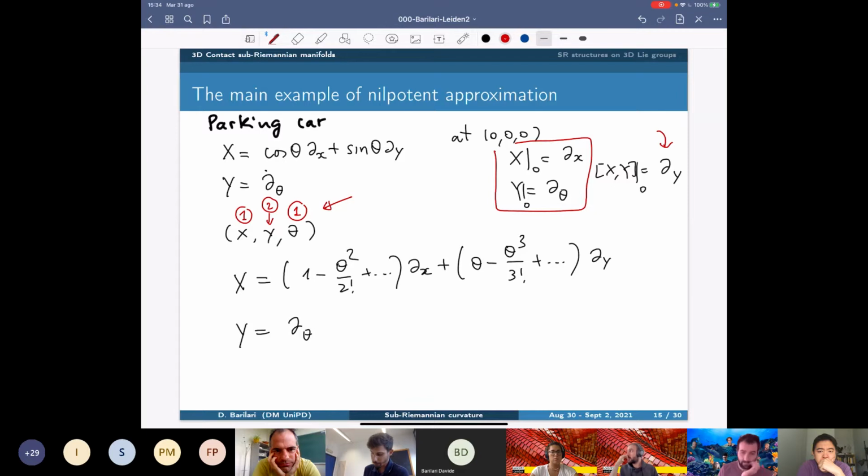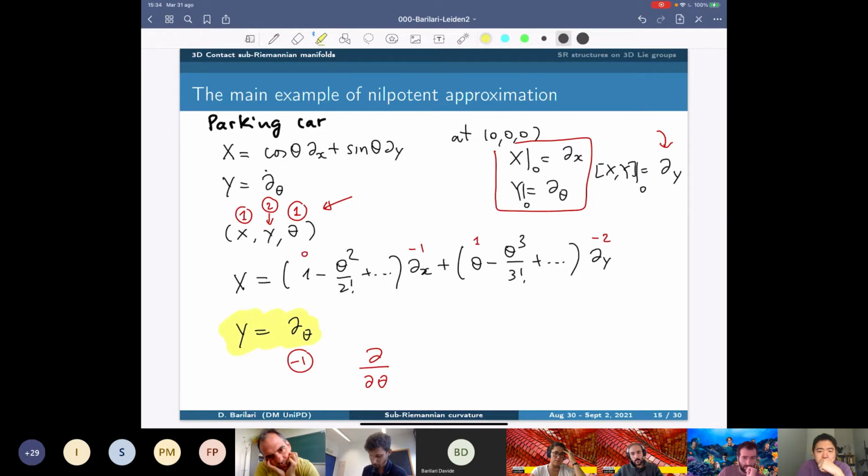So this guy here is something of weight -1 because it's d/d theta. So you have to think that theta is the denominator if you want to give a formal meaning to this minus sign here. And this is -1, and this is -2, but this is of order 0 and this is of order 1, and the others are of higher order.